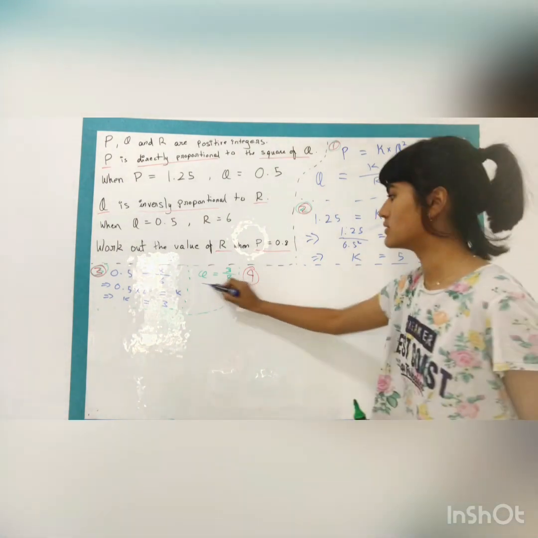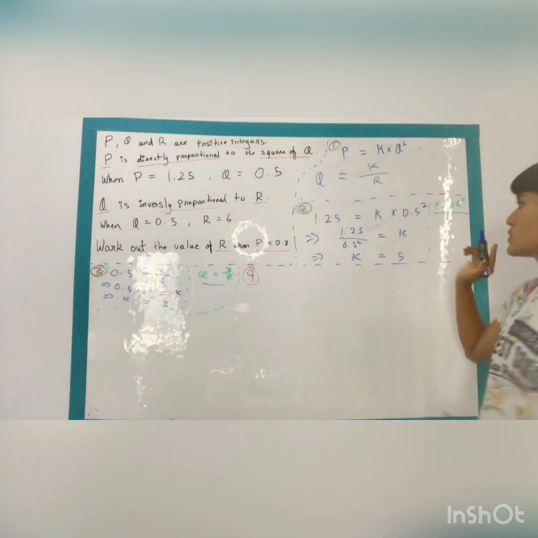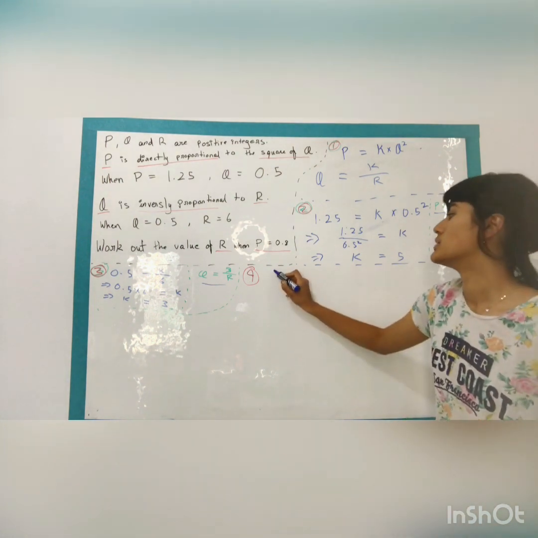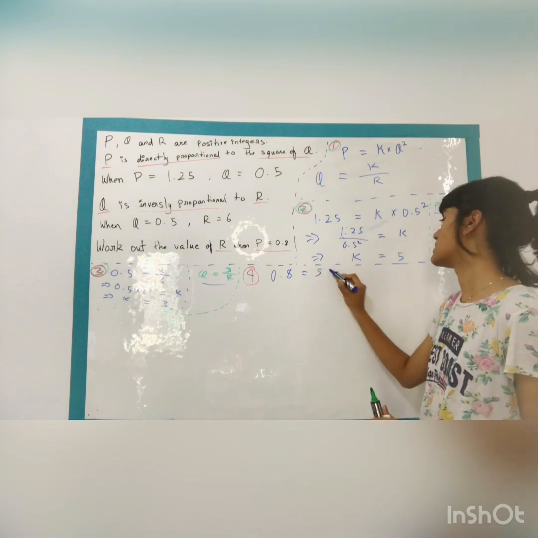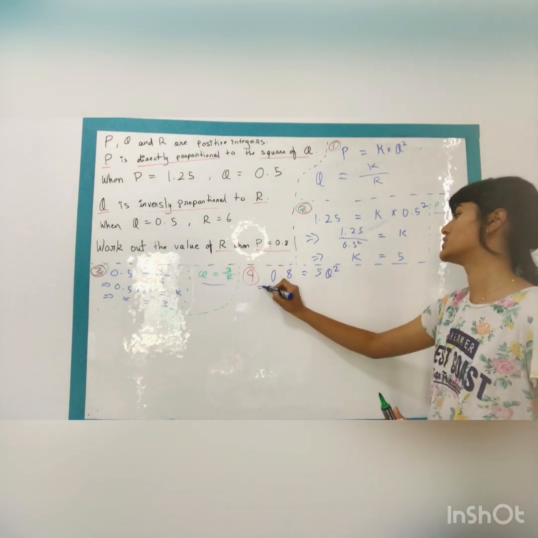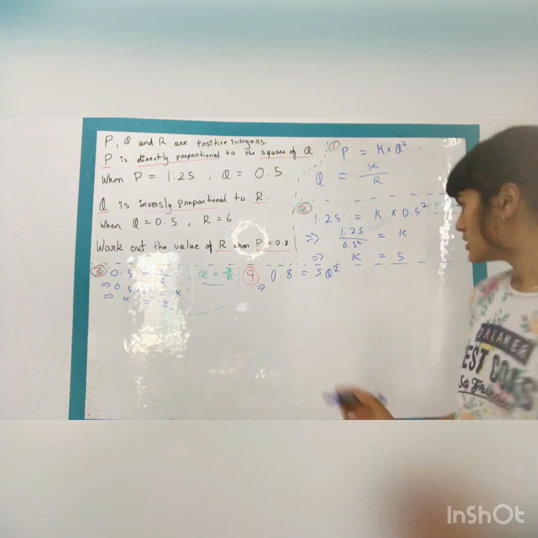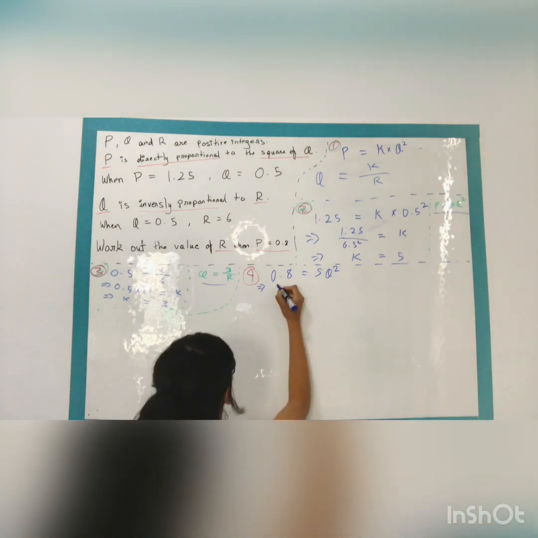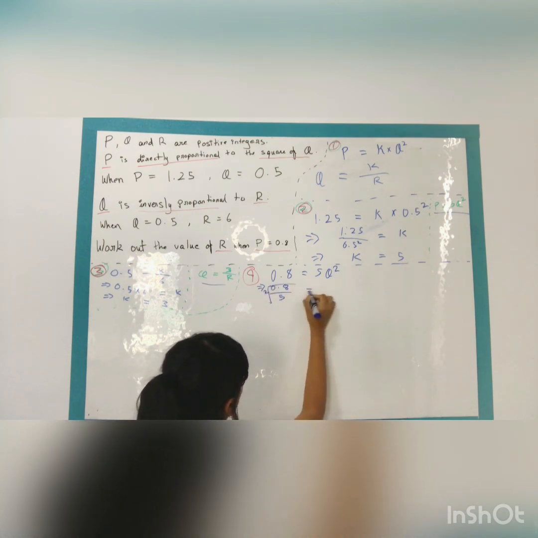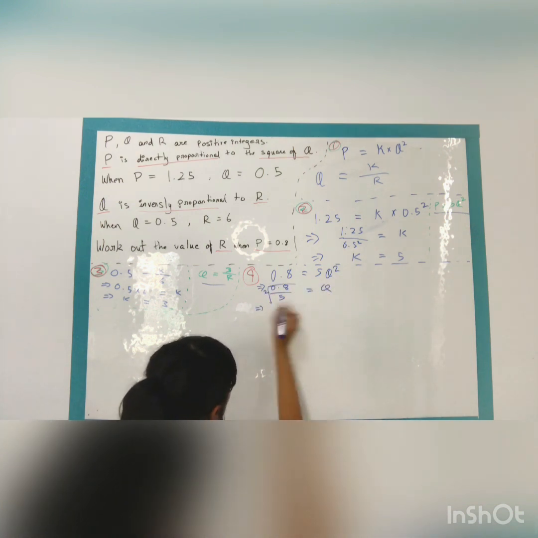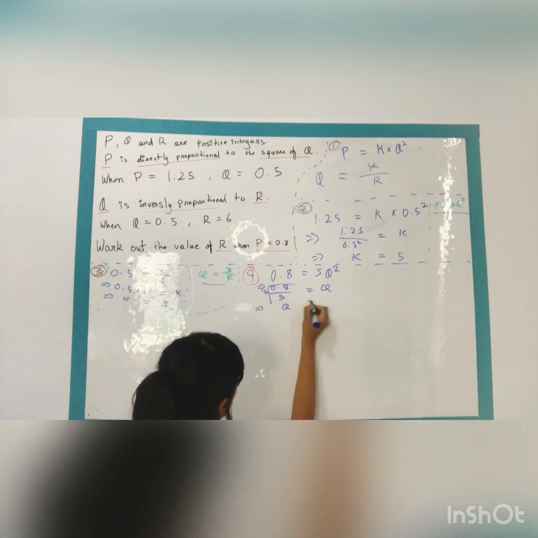So we get 0.8 is equal to 5 times Q squared, which implies that the square root of 0.8 divided by 5 is equal to Q, because I'm bringing everything over here.